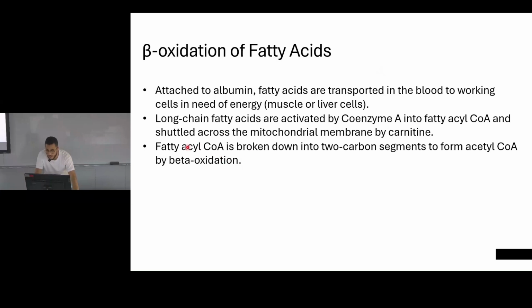Then the fatty acyl-CoA, so fatty acyl-CoA is just a long chain fatty acid with a CoA, enters the mitochondria, it undergoes beta oxidation, which is to break it into 2 carbon segments and then activated with a coenzyme A to form acetyl-CoA. Okay. In other words, imagine a long chain of fatty acid.